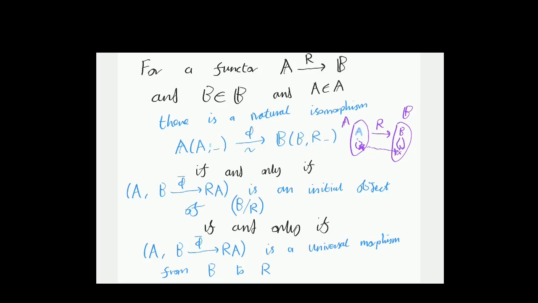Now, another way that we can look at this, an equivalent way to talk about universal morphisms, is to appeal to comma categories. And that's why I was defining comma categories earlier on.